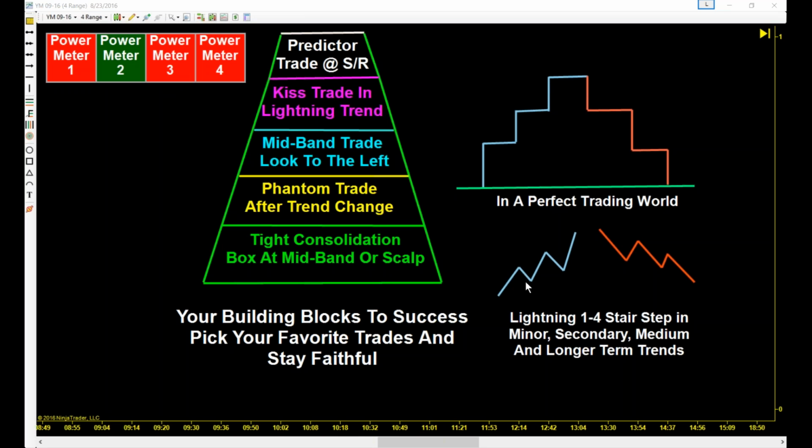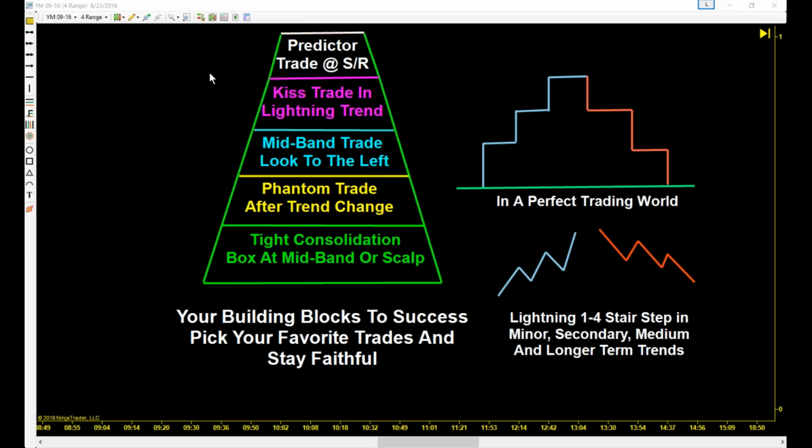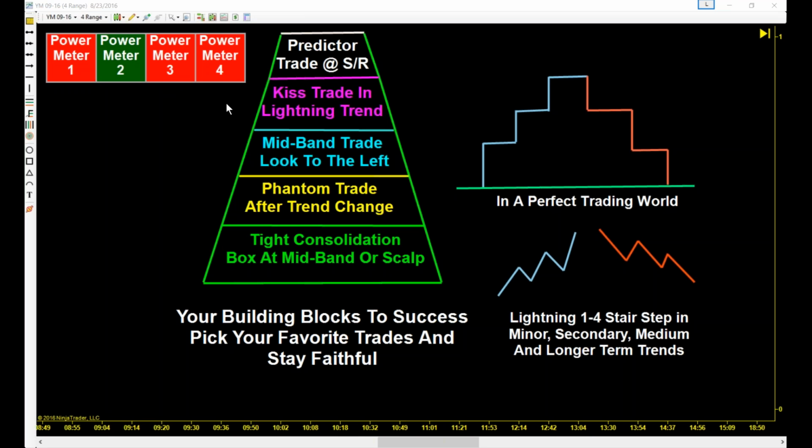Then they thrust again, pull back, and thrust again. And of course, the other side is the same thing. This can be in your smaller trends, your secondary trend, which I call power meter 2, your power meter 3, which is your medium trends, or your power meter 4, which is your longer term trend. These are going to be lit accordingly to what's really going on in the chart too.